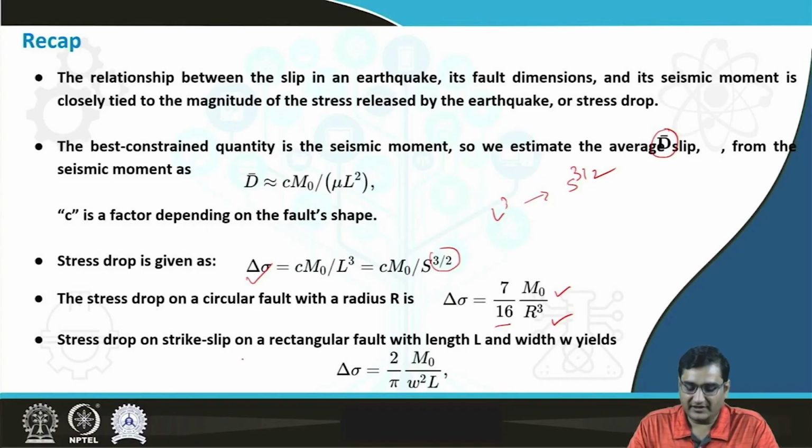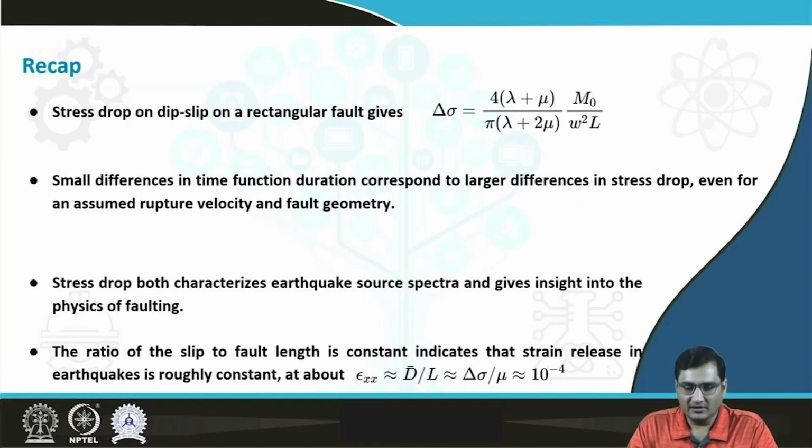Stress drop for strike slip on a rectangular fault with length L and width W yields delta sigma equal to 2 by pi M naught by omega square L. The stress drop for dip slip on a rectangular fault is given as delta sigma equal to 4 (lambda plus mu) M naught by pi (lambda plus 2 mu) omega square L. If it is a Poisson solid, then lambda is equal to mu.